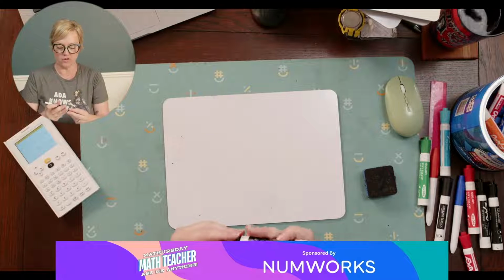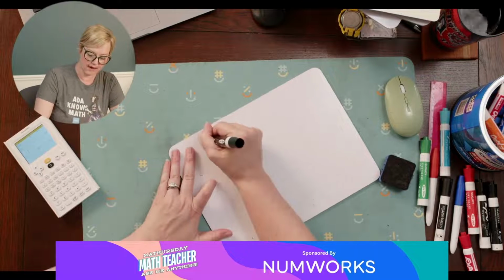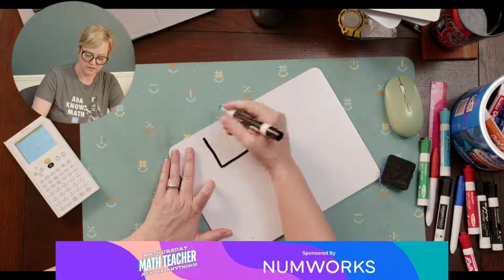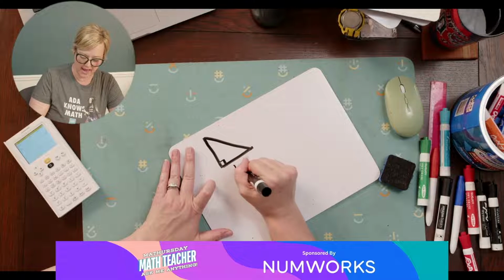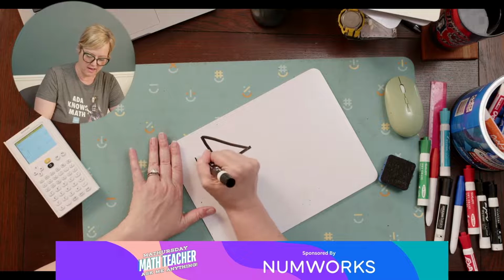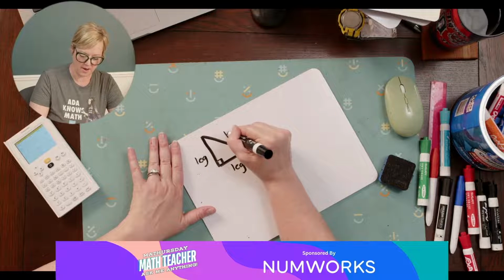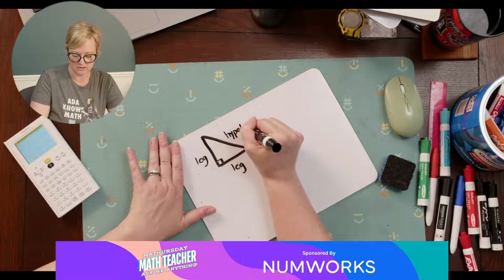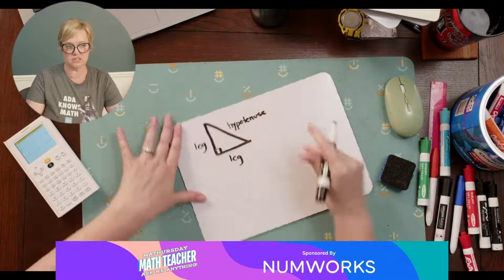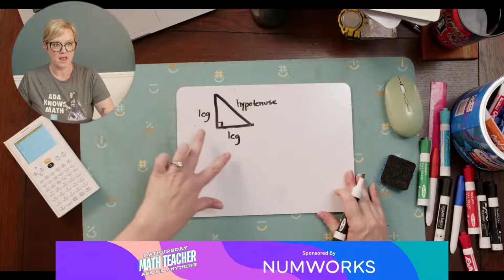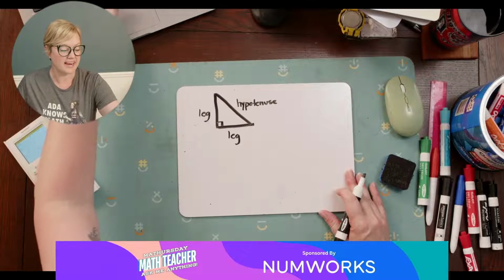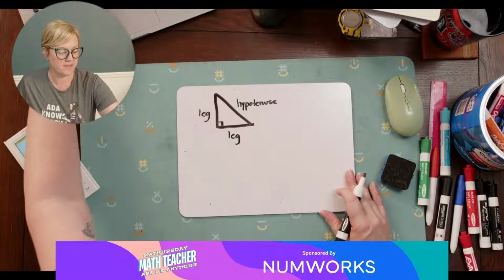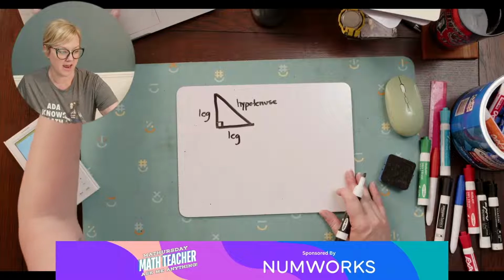So in order for it to be a right triangle, if we've got a right triangle, we've got our leg and our other leg and our hypotenuse. Our hypotenuse is always the longest side, and it's across from the 90-degree angle.